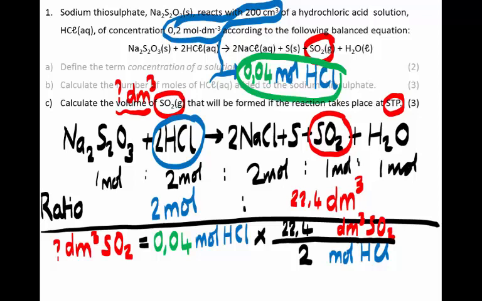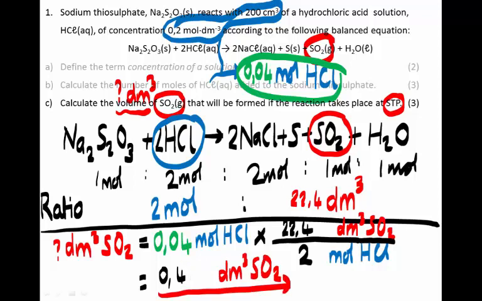That's at STP, of course. For this particular reaction, that's how they always react at STP. 0.04 multiplied by 22.4 divided by 2 is equal to 0,448 decimeter cubed of sulfur dioxide. And we can round that off to 2 places behind the decimal comma, 0,45 decimeter cubed.